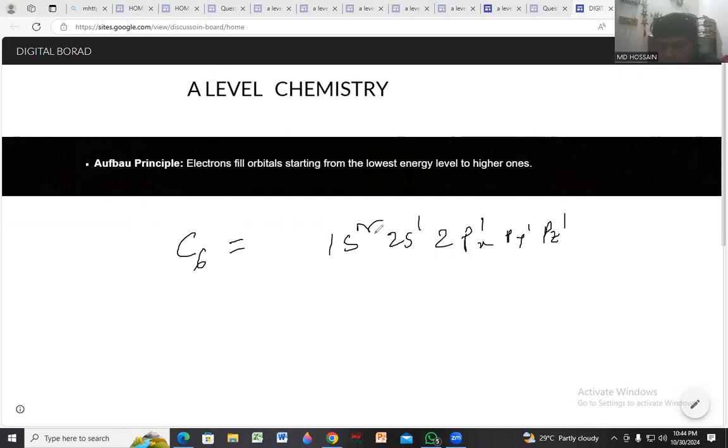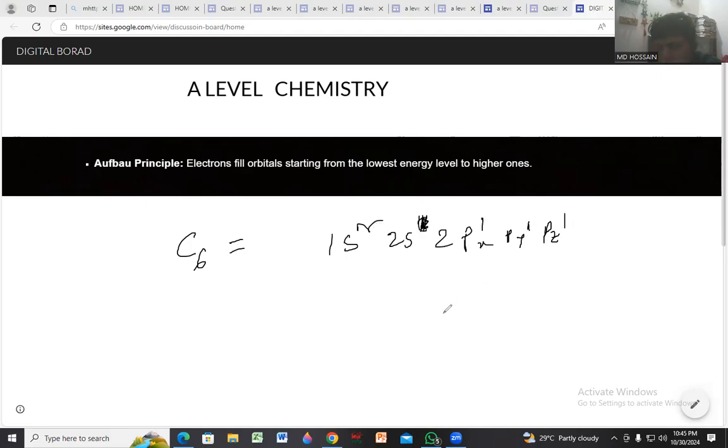Then count: 2, 3, 4, 5. So you have one electron left. This one will not go to px, py, or pz singly, right? So you will have to write in this way. This will be single, this will be single, right? 2, 3, 4, 5, 6.